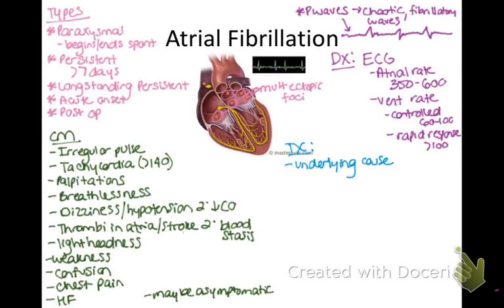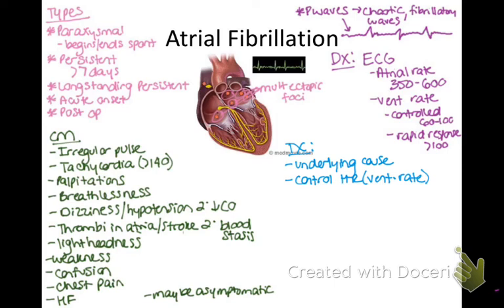So we treat it, again, we treat the underlying cause, right? Something's causing it. We got to control the heart rate, especially the ventricular rate. Because if we already have a limited amount of blood going into those ventricles, we don't want the ventricle beating so fast that there's no blood in there. Does that make sense?